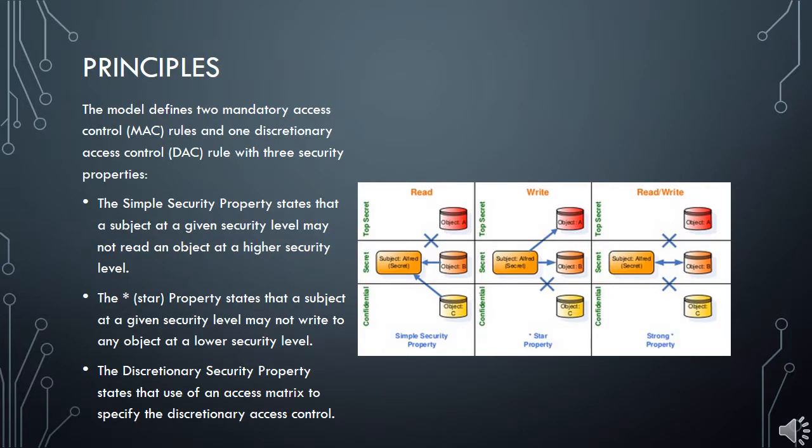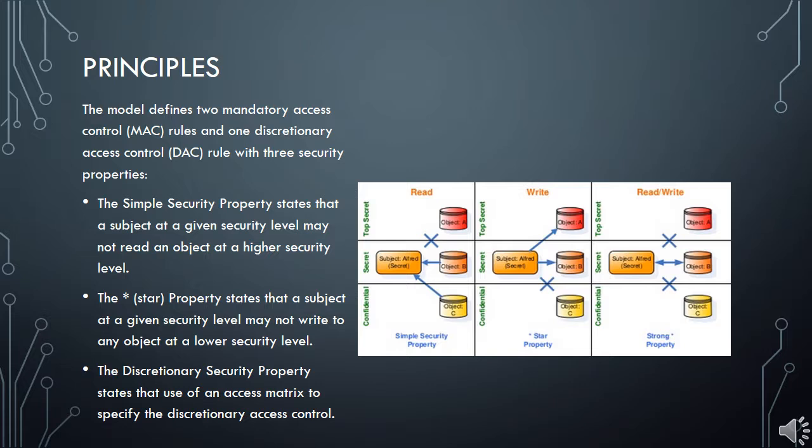In this section, I will talk about the principles of the Bell-LaPadula model. Based on the formal information of the components and the rights of the Bell-LaPadula model, we have a basic concept of how the model works.